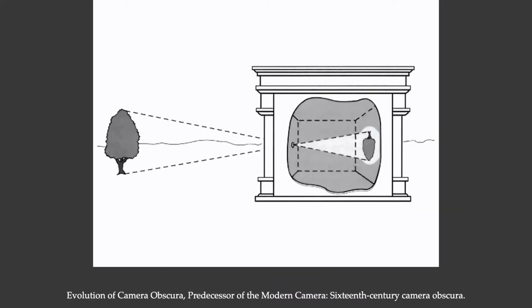So cameras obscura had been made since the Renaissance and most likely earlier than that. In the times of the Renaissance, they would use them to trace the things that are projected from the outside world onto the wall. But you're limited because that room's got to be pretty big to be able to function.